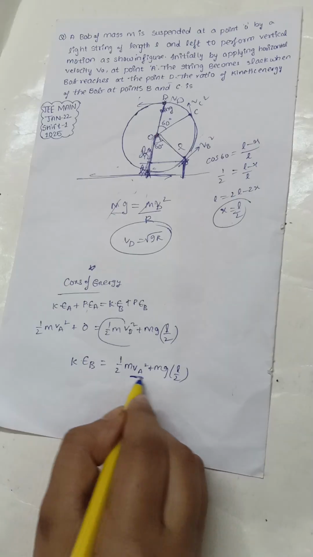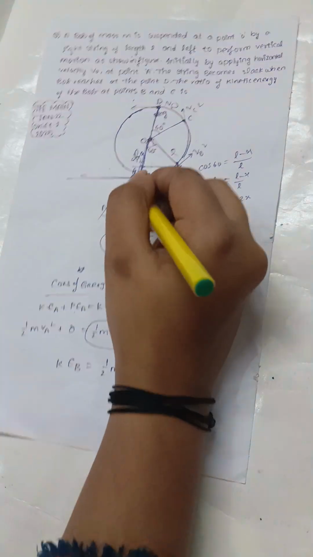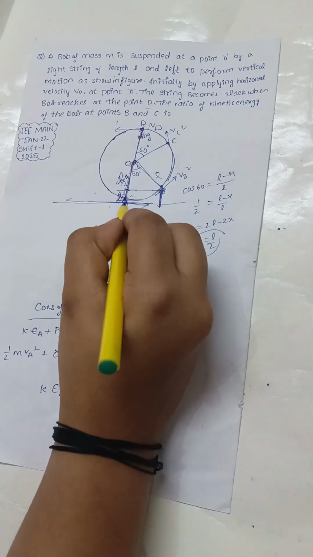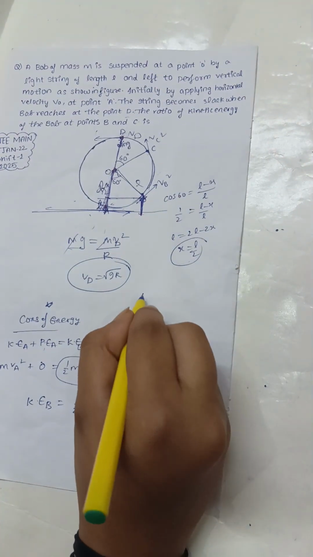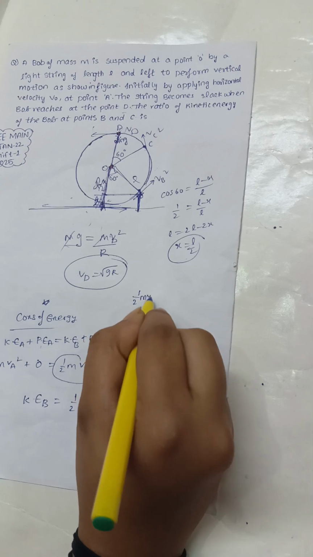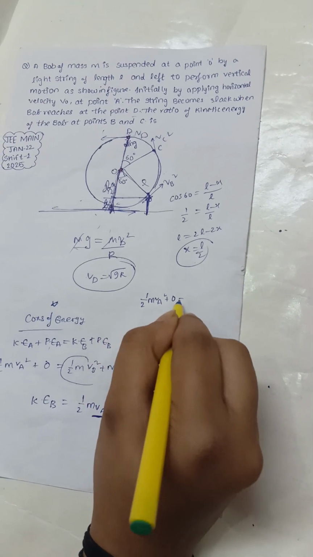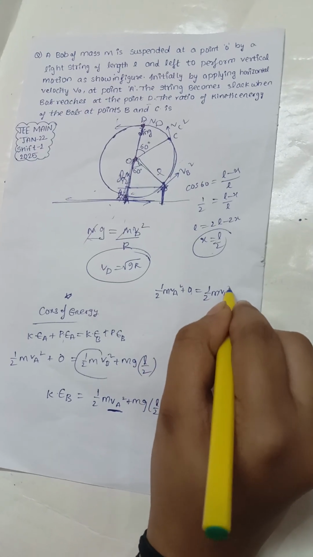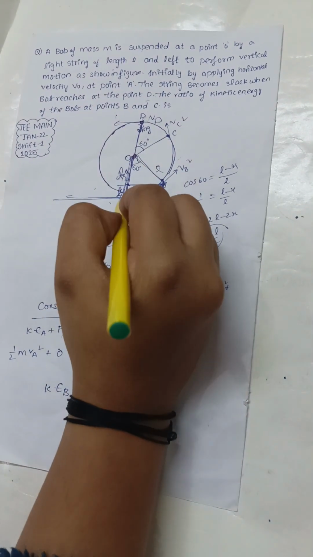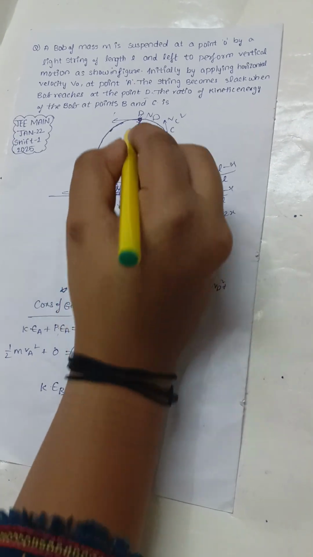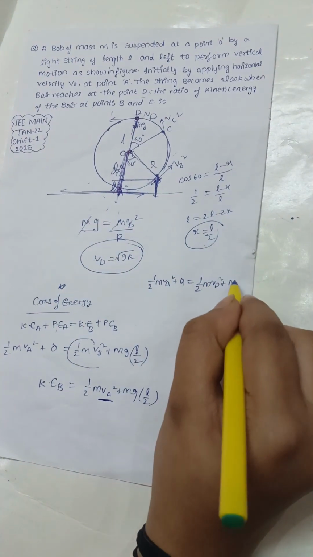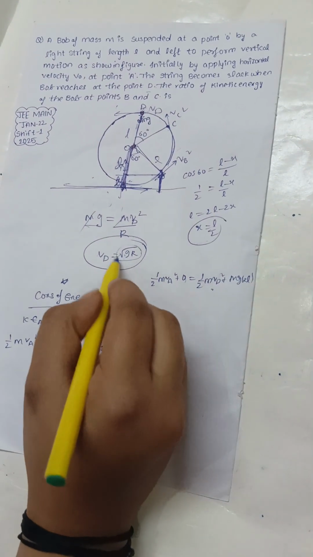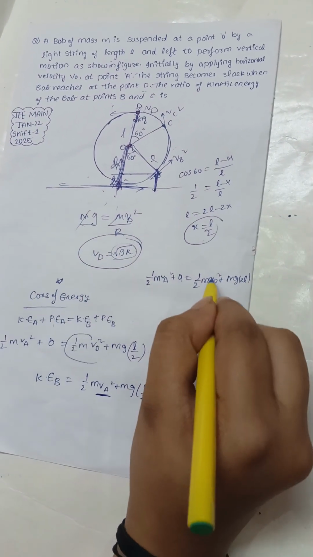How to find the velocity vA? Again applying conservation of energy at point A and point D. Half m vA square plus 0 potential energy equals half m vD square plus mg 2L, since the total height was 2L: this was L and this was also L. From here we got vD as root gr, so vD square is gr.